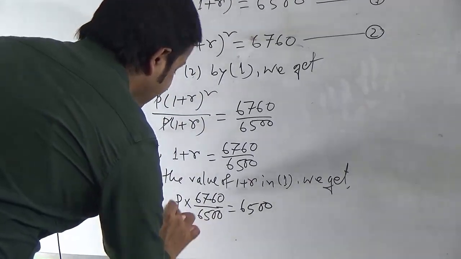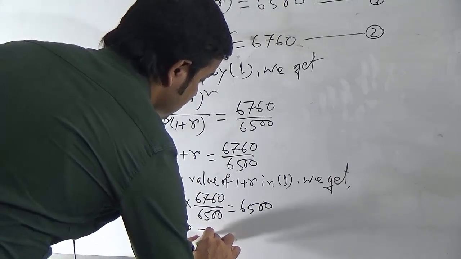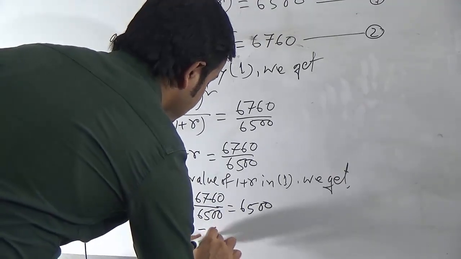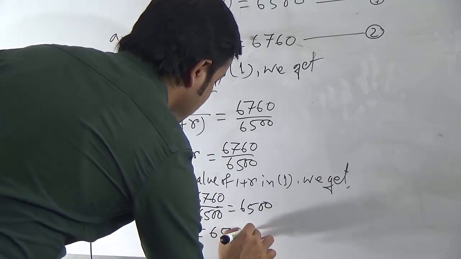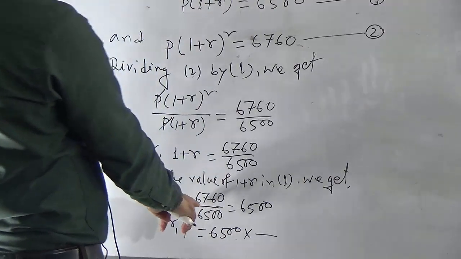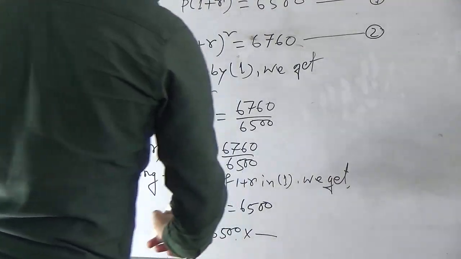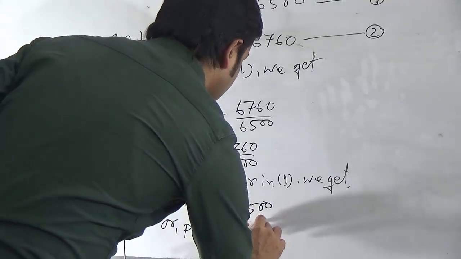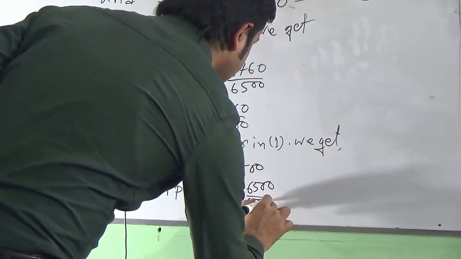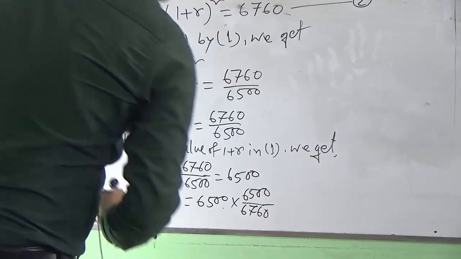So P equals 6500 multiplied by the reciprocal of this fraction, so 6500 will be in the numerator and 6760 will be in the denominator.